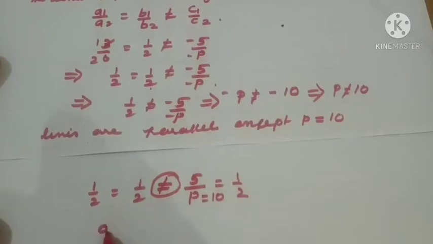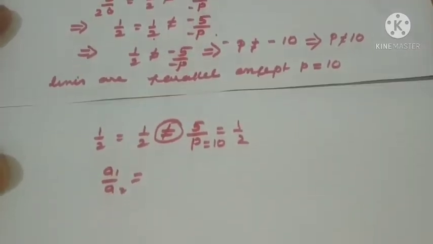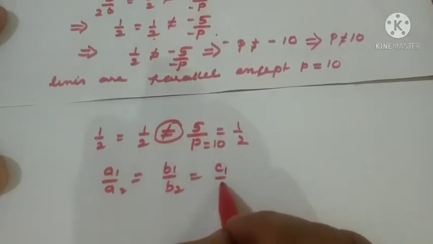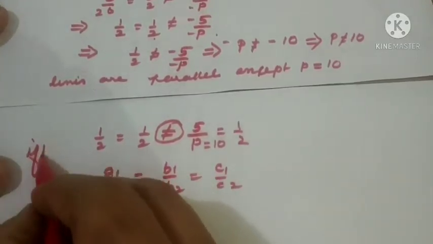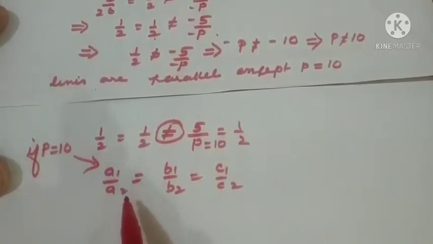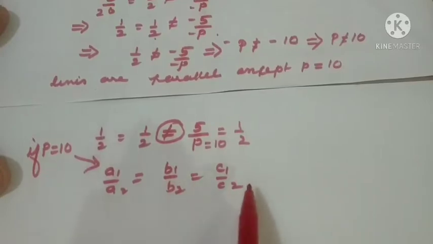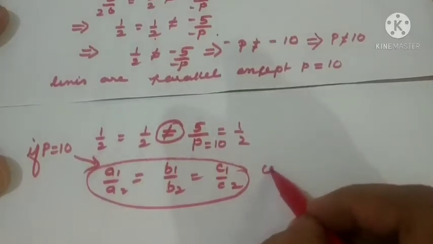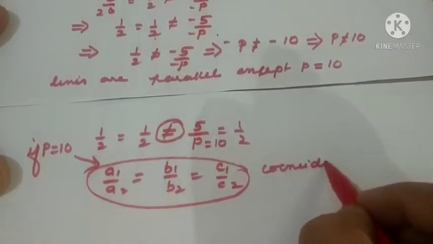What will happen? a1 by a2 equal to b1 by b2 equal to c1 by c2. If p equal to 10, we get the condition a1 by a2 equal to b1 by b2 equal to c1 by c2. If this is the condition, then the lines are not parallel. The lines are coincident.